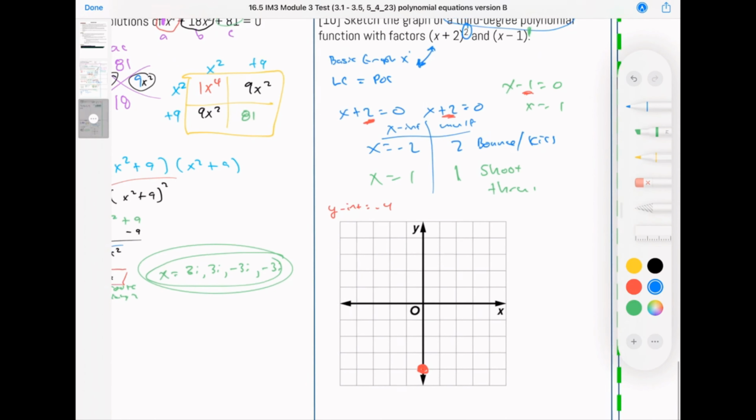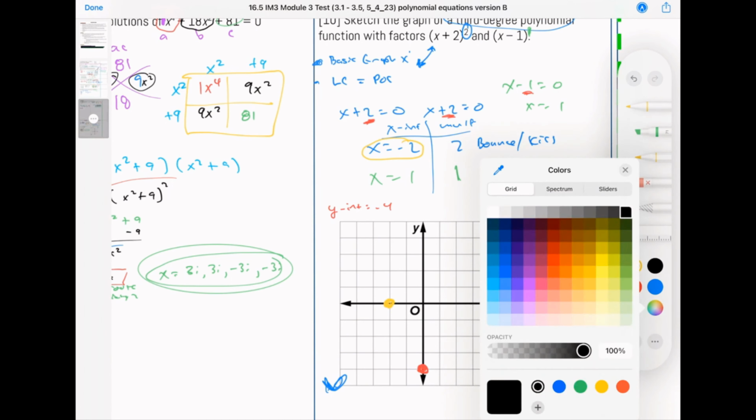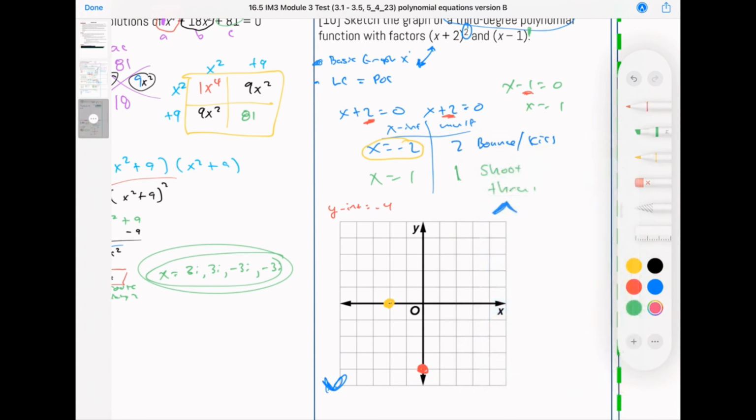Okay, so we said the basic graph, the arrows start down, ends up. We have one at negative 2. That's going to be a bounce. X equals 1. It's right here.